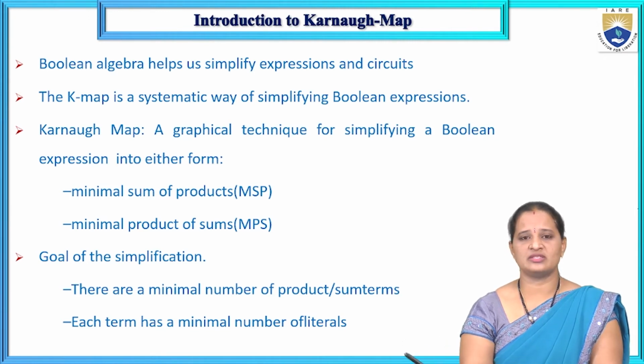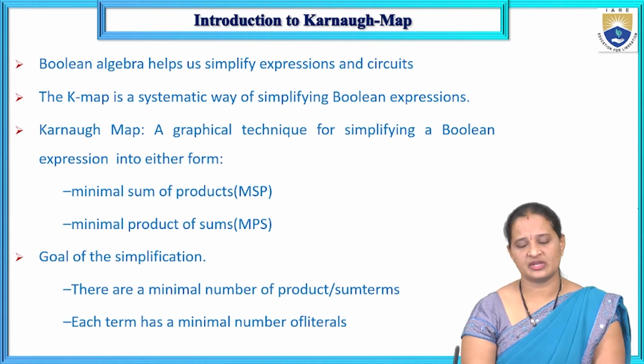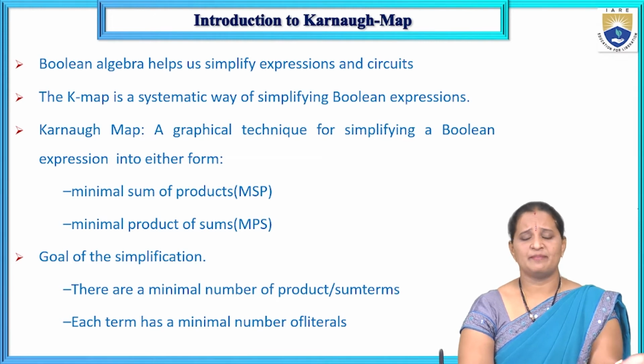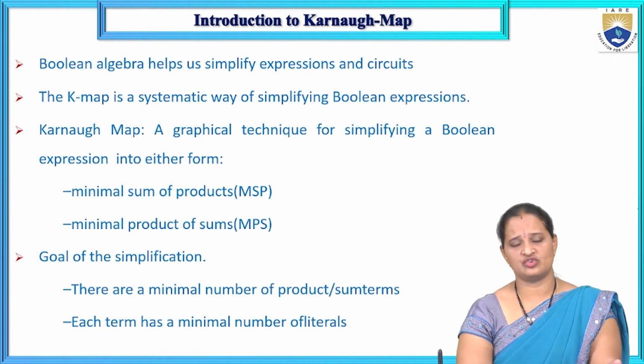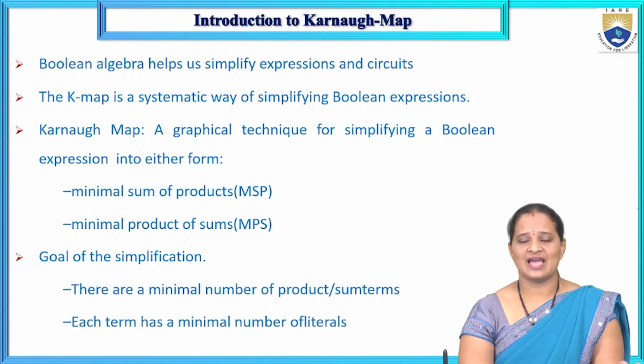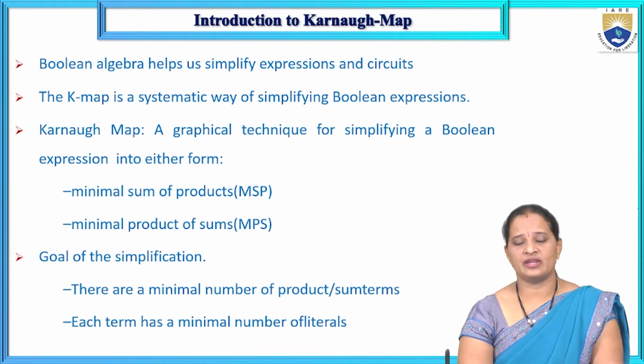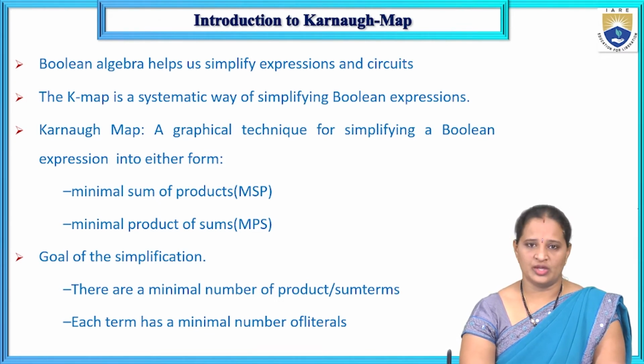One person will get one simplified expression and another person will get another, based on the theorems and laws which you apply. So the final simplified Boolean expression may not be unique.